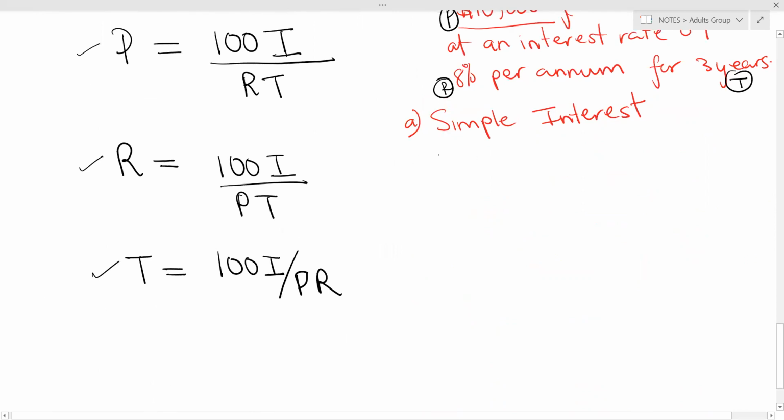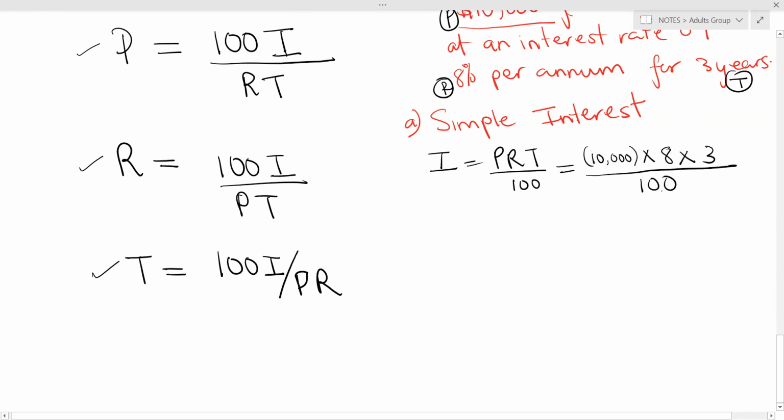So we started our formula. I is equal to PRT over 100. And we know our P is 10,000 multiplied by the rate, which is, we're just going to put 8 because remember the 100 is going at the bottom. 8 multiplied by 3 years, all over the 100.